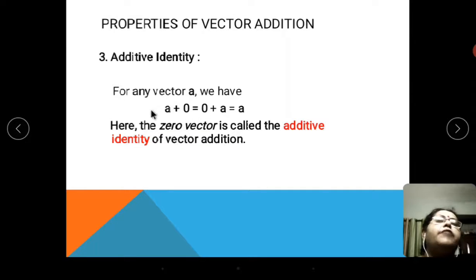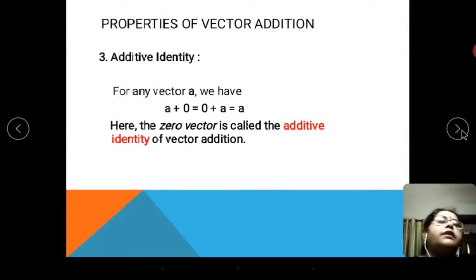So the length of A does not change, and the 0 vector or null vector has arbitrary direction, so it gets the direction of the vector A. So A plus 0 is A, and by the commutative law, A plus 0 is equal to 0 plus A. This is called the additive identity for vector addition.